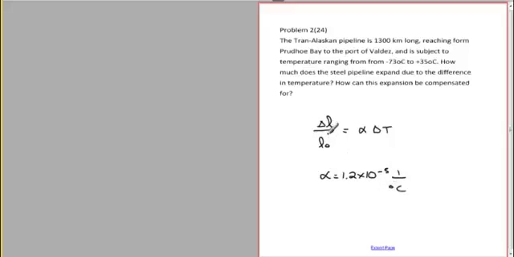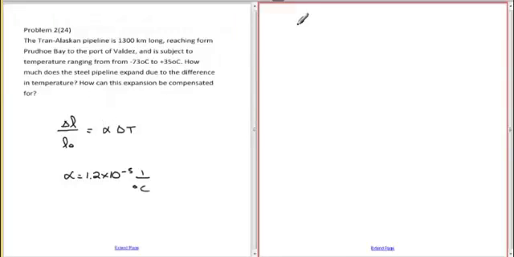So when you multiply it by delta T in C, you get no units, and delta L over L0 is no units. And actually, what we're trying to calculate here is delta L. So we're going to multiply both sides to find the change in length. So you get alpha times delta T times L0.